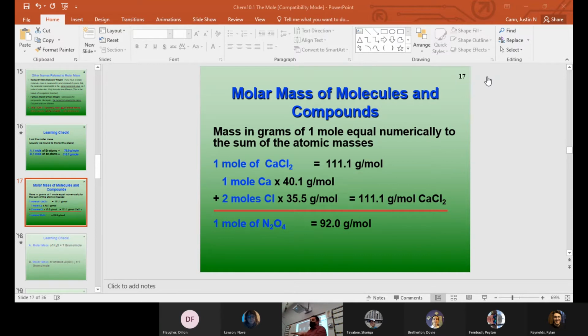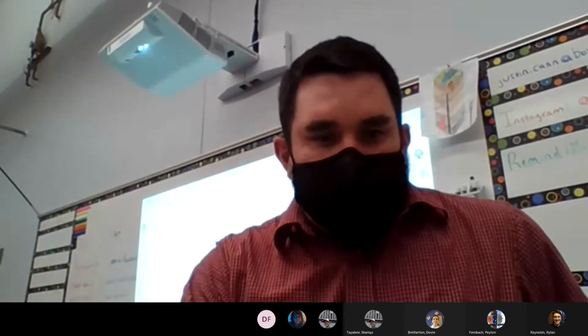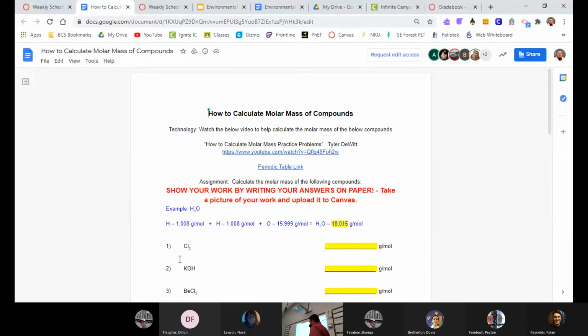What they did to figure that out, as I kind of did with the pizza, is they took a part of the sample, figured out how many molecules are in that, and then multiplied that by the sample size, which is what you do with any big number. So today we're going to calculate the grams of different molecules, and we want to use this worksheet here for today.